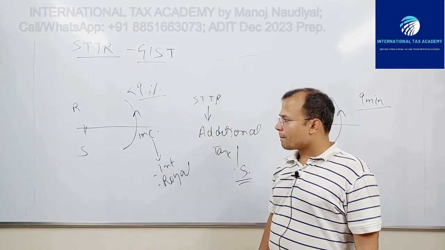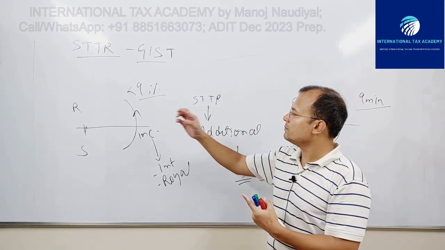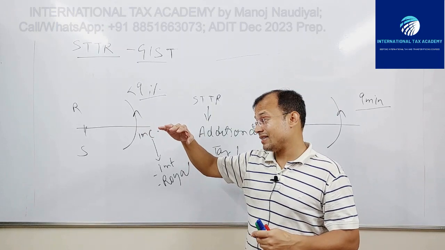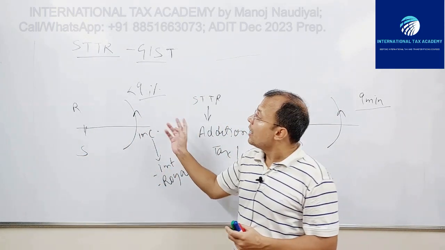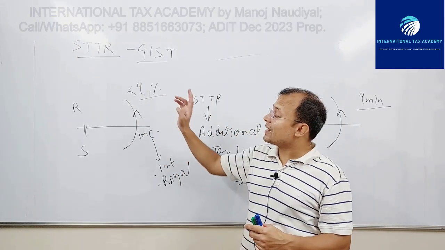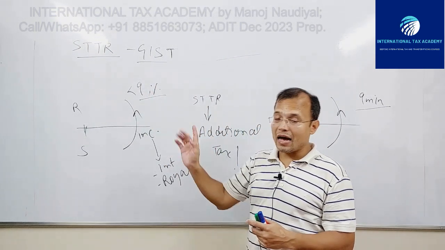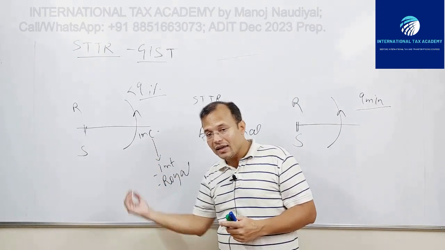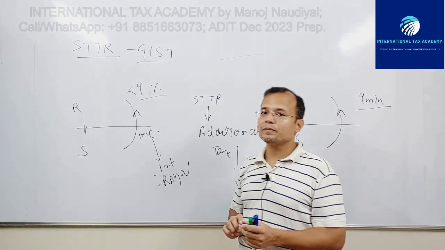Fine. So quickly recap. Treaty based rule, two conditions have to be satisfied. S country has ceded its taxing rights under the tax treaty, and the income is taxed at a rate less than 9% in R country. If these two conditions are satisfied, then S country will regain the taxing rights under STTR. It's a treaty based rule.